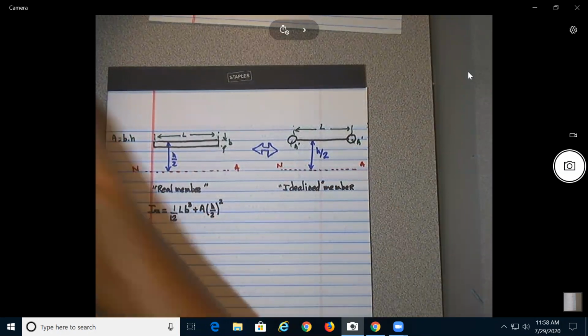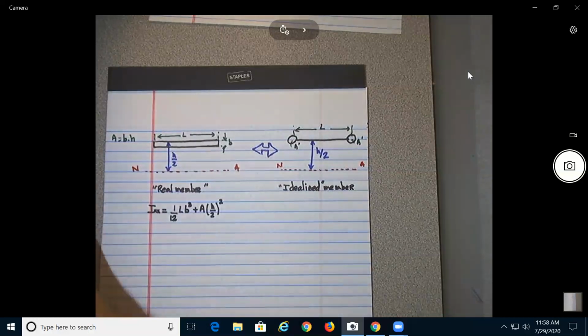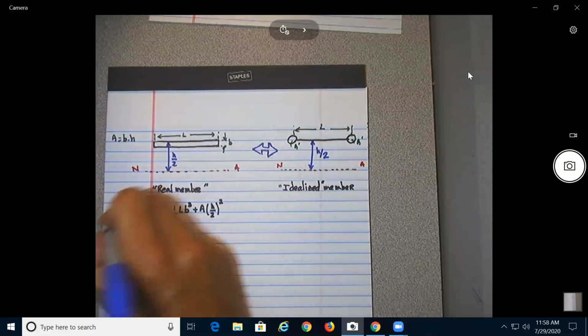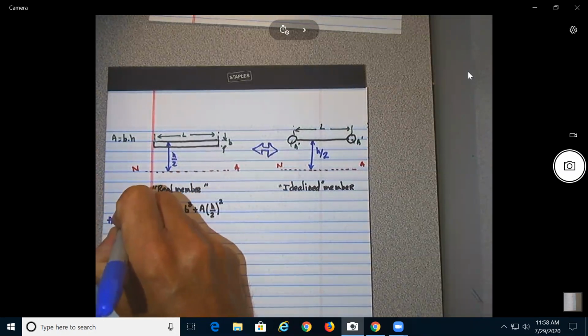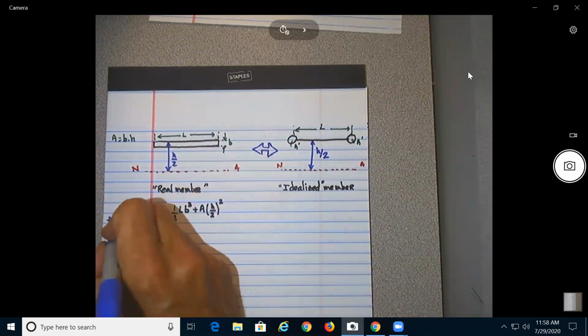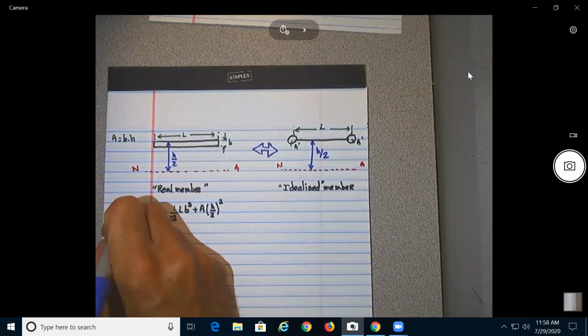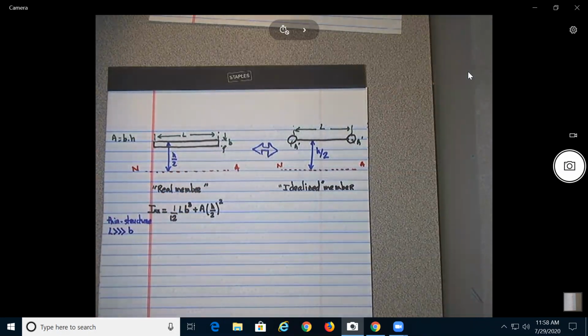So one thing before I do the other one. For thin structures, the assumption is that L is much, much bigger than the thickness of the element, no?